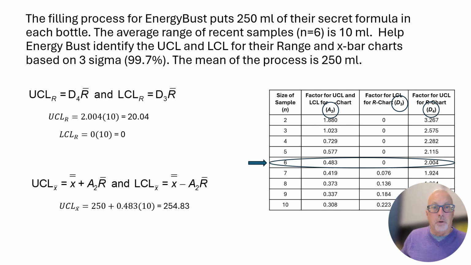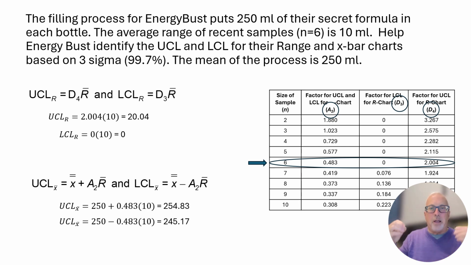So we're going to use that 250 plus A2, figure off the table, A2 right down there, 0.483, excuse me, times our average range, which was 10, and that tells us that our upper control limit is 254, and we're going to use minus to get to the lower, so the mean minus 0.483 times 10 is going to be 245.